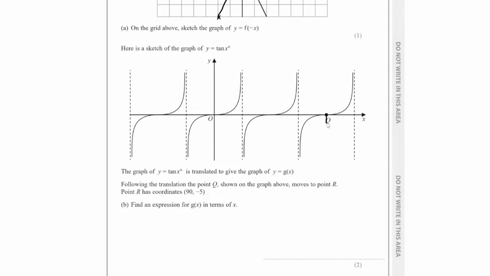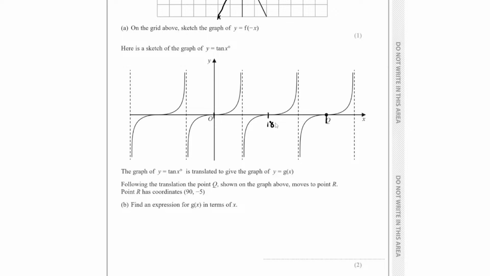So you would need to know what this coordinate is here first. If you already know the tan graph, obviously you should have memorized it. It repeats every 180, so that's obviously 0.